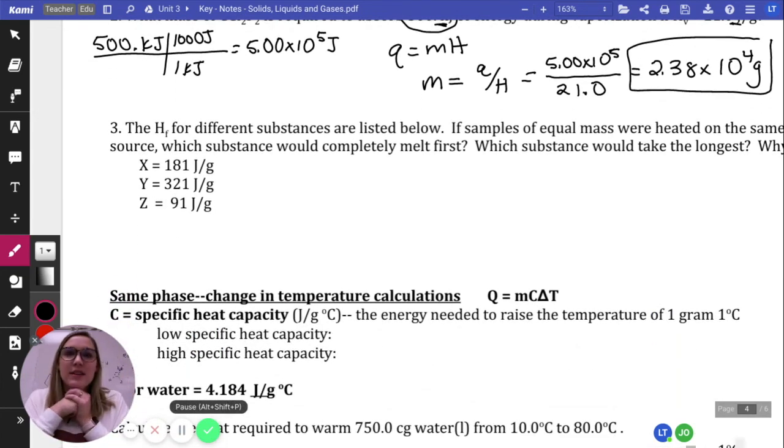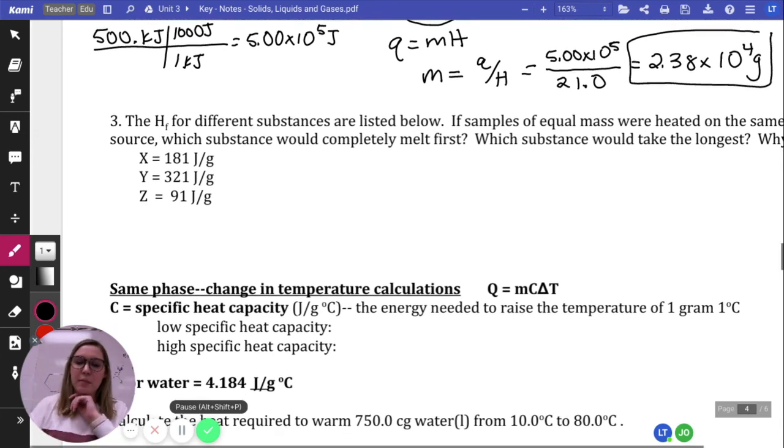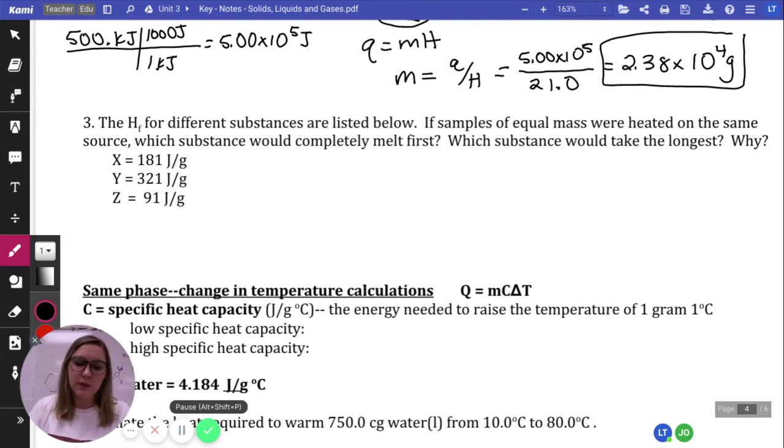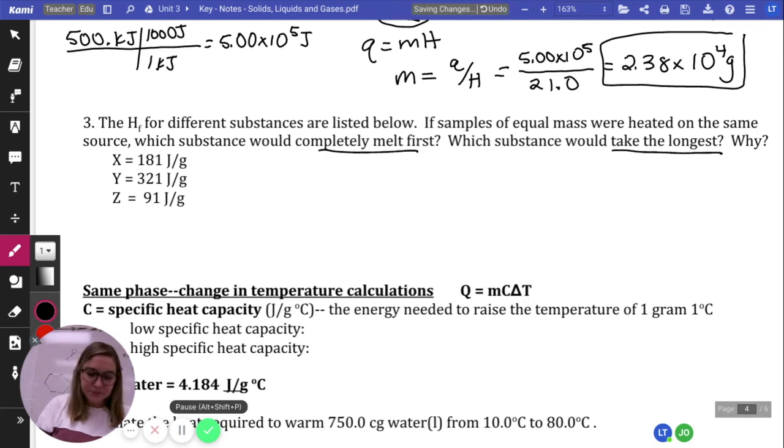All right, so this one says the heat of fusion for different substances are listed below. If samples of equal mass were heated on the same source, which substance would completely melt first, and then which one would take the longest and why? Okay, so you can see we have 3 different heats here, 181 joules per gram, 321 joules per gram, and 91 joules per gram.